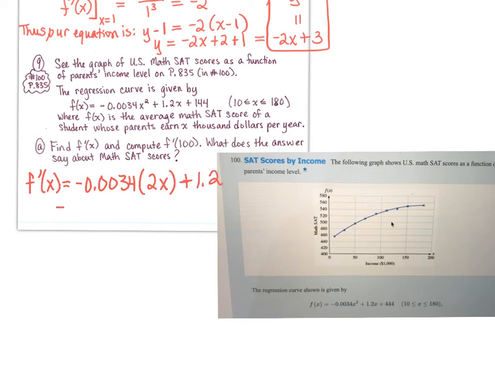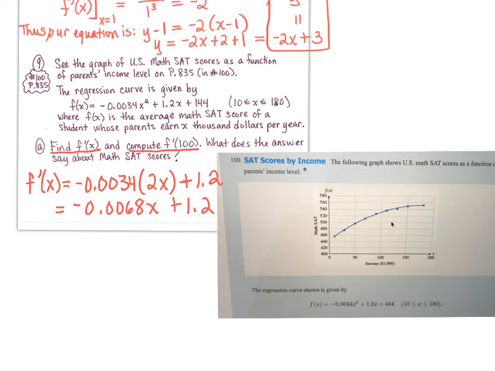So this would be equal to -0.0068x plus 1.2. So we just found f prime of x.